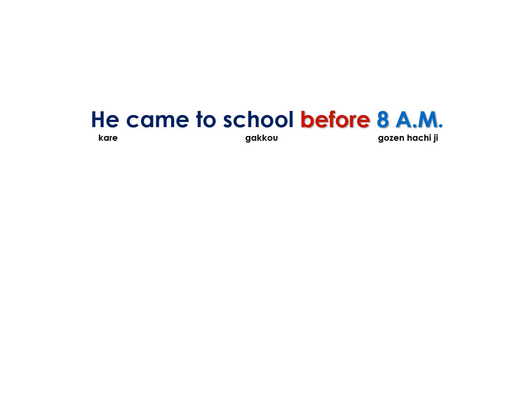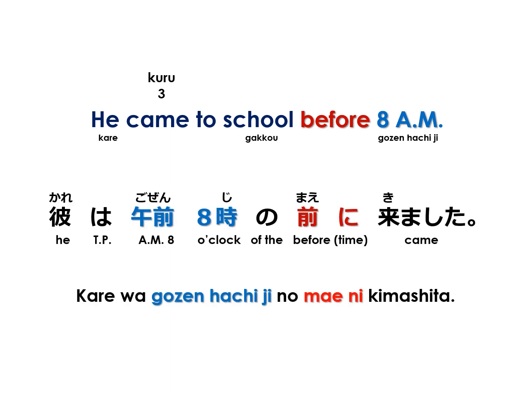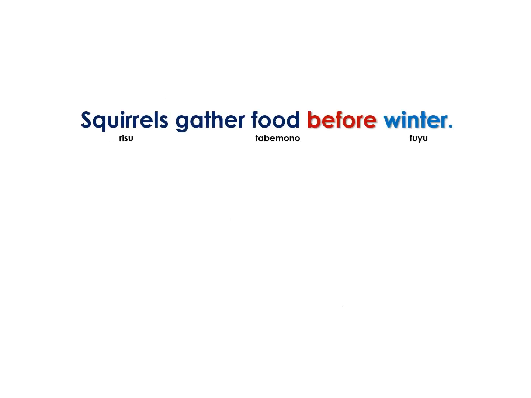He came to school before 8 a.m. To come is 来る, a category 3 verb. In Japanese, 彼は午前8時の前に来ました。Squirrels gather food before winter.